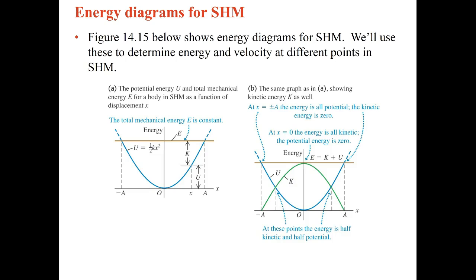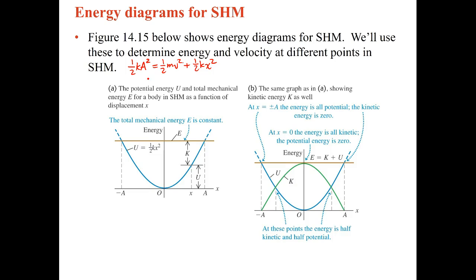Okay, so here's a couple things to think about with an energy diagram. The total energy is constant, and potential energy goes as 1/2 kx squared, so therefore the kinetic energy must be the constant value minus 1/2 kx squared. As a matter of fact, we can determine the speed at any time using energy. 1/2 kA squared is equal to 1/2 mv squared plus 1/2 kx squared.